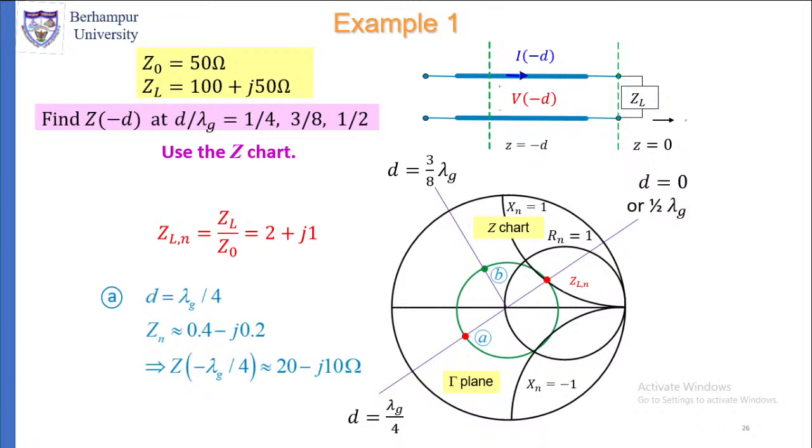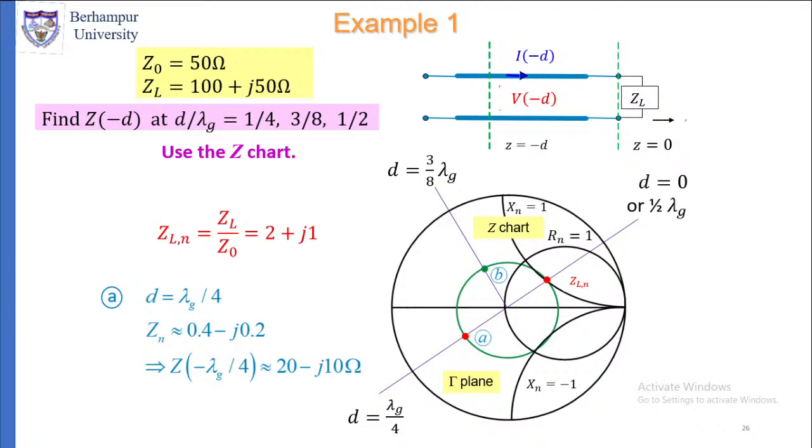There is a larger circle which represents the outer circle of the Smith chart. Then there is the black inner circle, that is for Rn equal to 1.